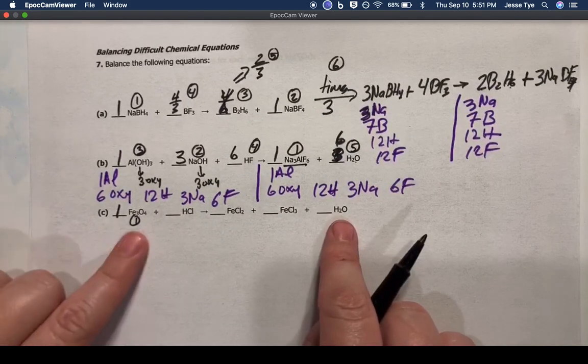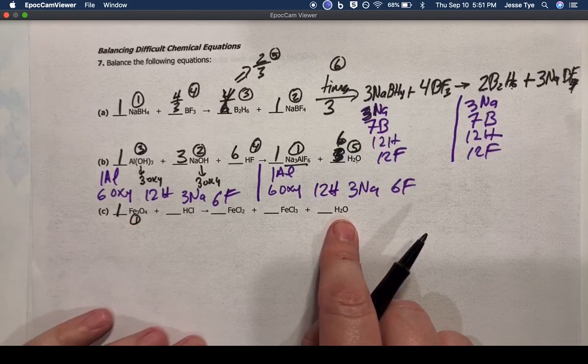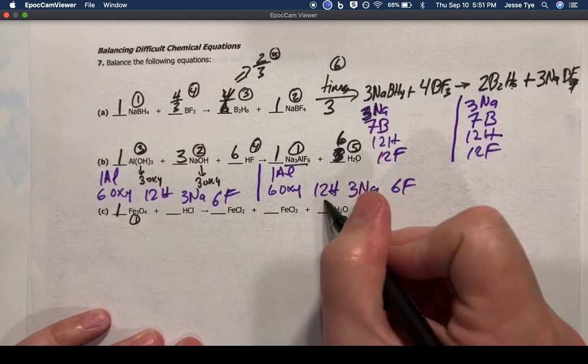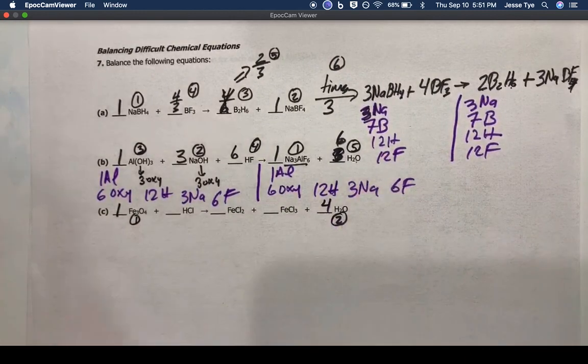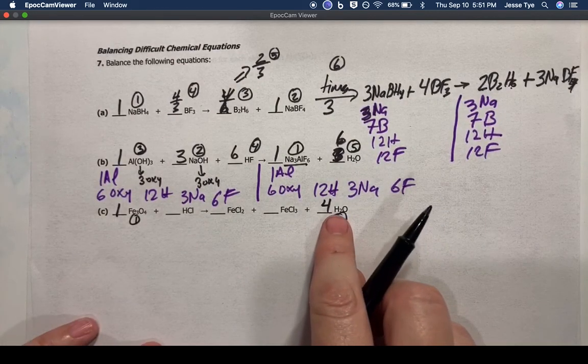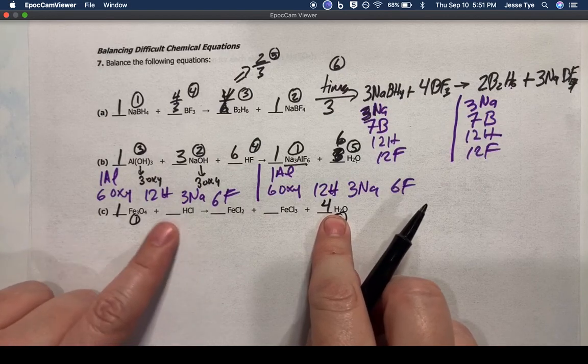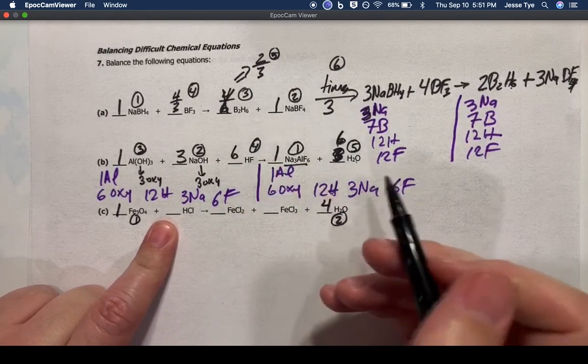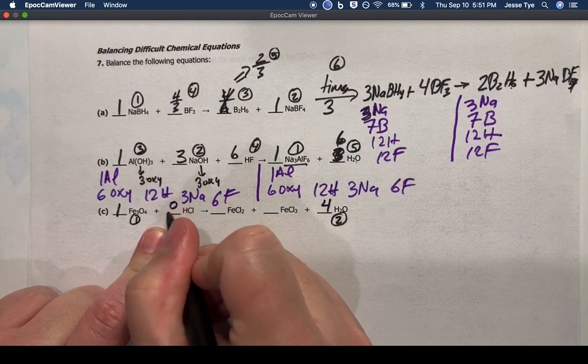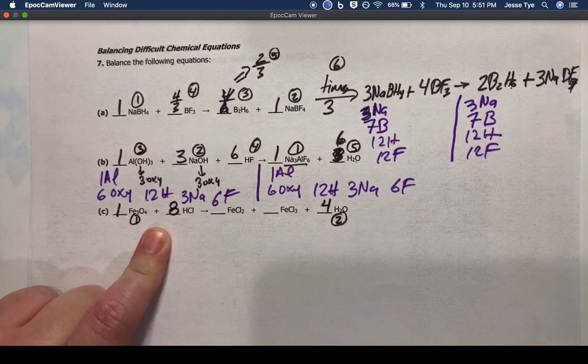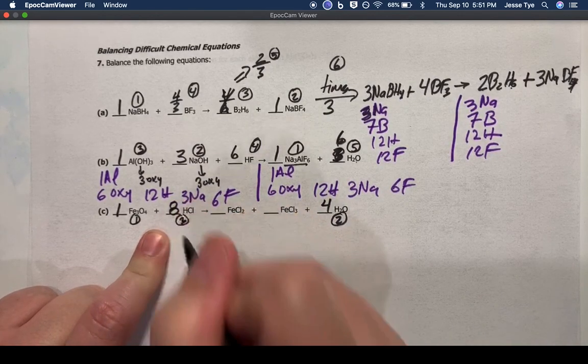Oxygen, though, is only in 2 places. I'm going to go ahead and try to balance those oxygen atoms. So 4, and that puts me at a 2 there. So now I've committed to 8 hydrogens, and hydrogen's just in one other place, so 8 hydrogens. That's my 3rd step.